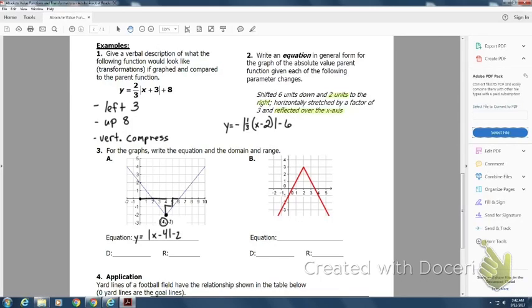Yes. Cameron Carricker, what would the domain be on this one? Negative infinity, positive infinity. And what would the range be? Negative 2 to infinity. There you go.